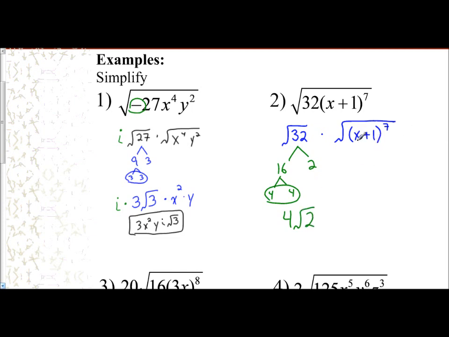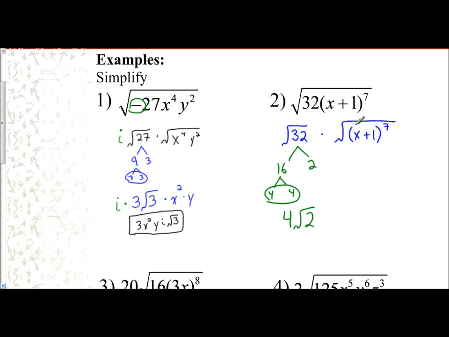What about the x plus 1 to the 7th power? Well, this whole parentheses is being raised to the 7th power. That means there's 7 of those x plus 1 parentheses lined up, being multiplied together. How many sets of those parentheses do you have? It's the same trick we learned before. Since this parentheses is being raised to the 7th power, we don't care about what operation's going on inside of it.